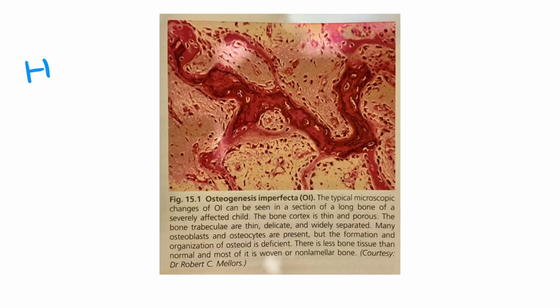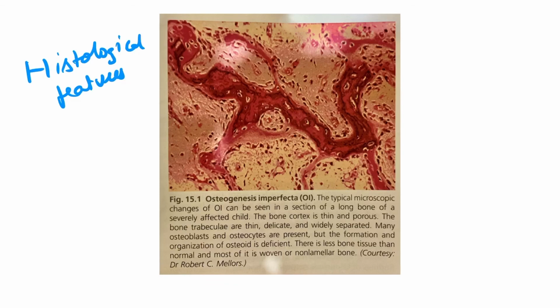And one more thing, histological features. In osteogenesis imperfecta there will be widely separated bony trabeculae, which you will only see in osteogenesis imperfecta, and the bone cortex is thin and porous.